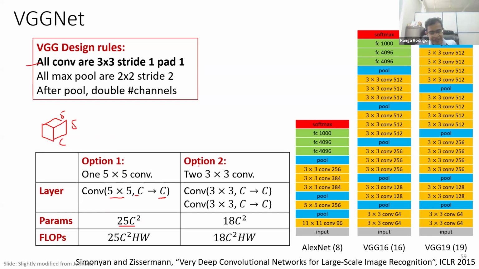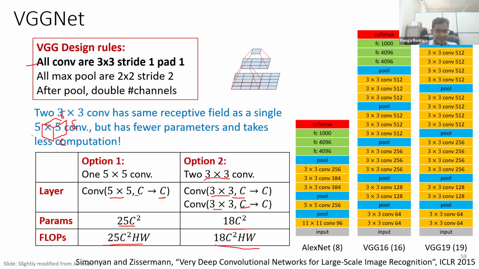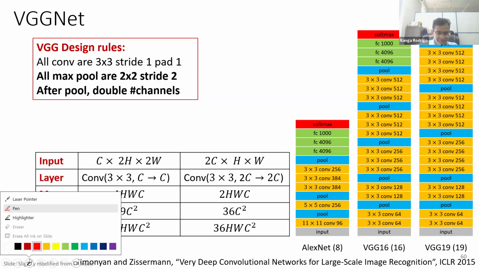Now if you take two 3 by 3 convolution kernels, 3 by 3 from C to C, 3 by 3 from C to C, 9C squared is the number of parameters in one of those convolution layers, and you have two of them, so 18C squared. And the floating point operations you can also compute: 25C squared HW versus 18C squared HW.